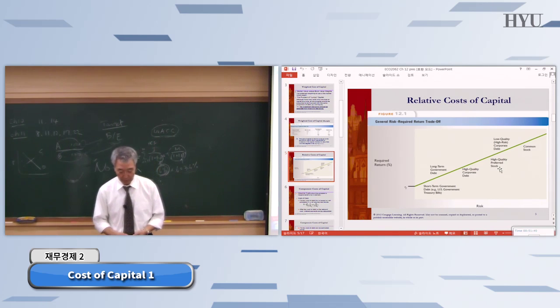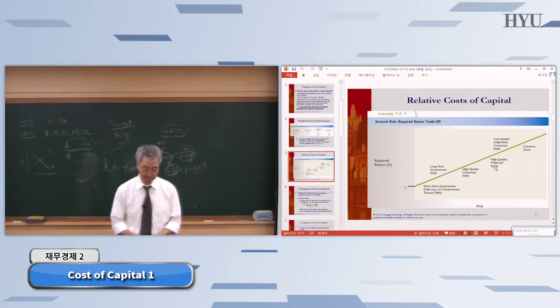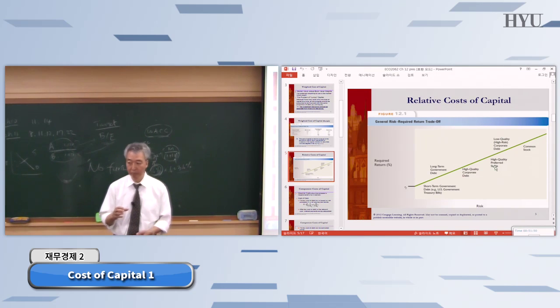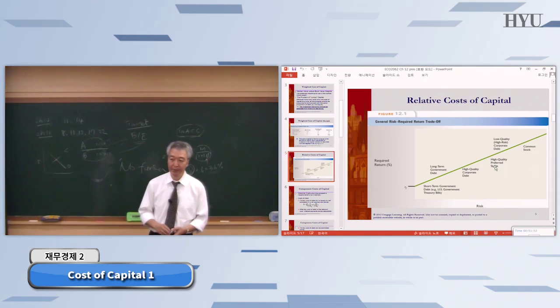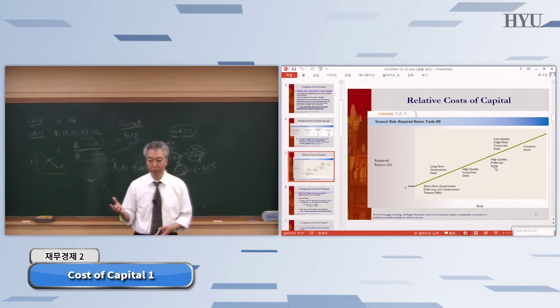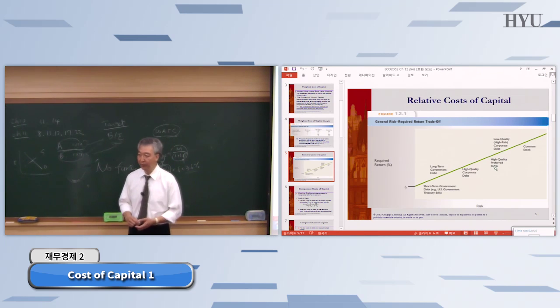But the big difference between the debt and the preferred stock is that you are obligated to make the payment every period, usually every 6 months, right? If you miss one payment, the bond will be immediately rated D, default. That's a big problem for the company, right?